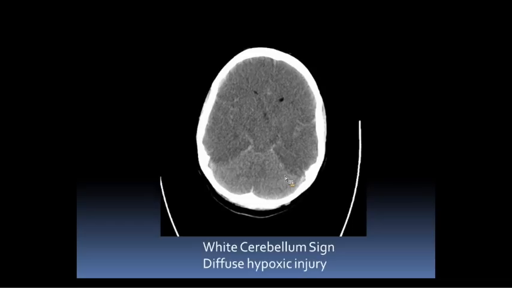But in severe cases, you can have just very diffuse, entire cerebrum involved, and essentially the posterior circulation gets preserved in those cases. The brainstem and cerebellum tend to get preserved, and that's why the cerebellum looks relatively white. Essentially, it's just normal, and everything else is too dark. So this is kind of the most severe form.